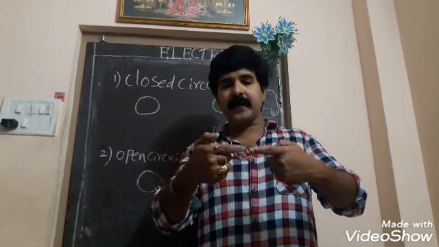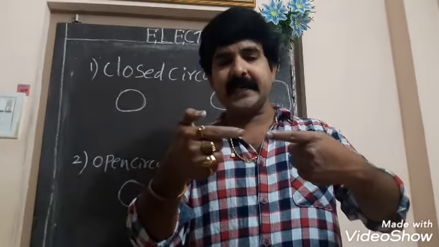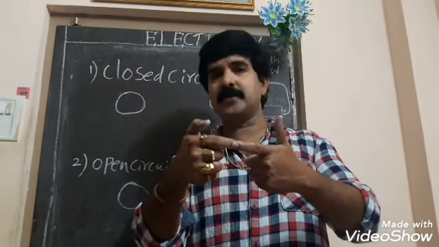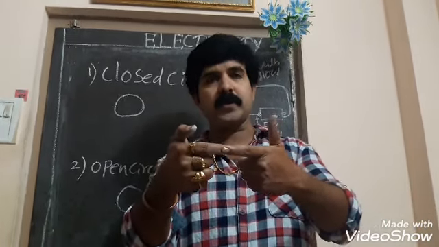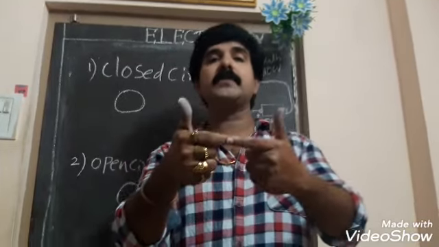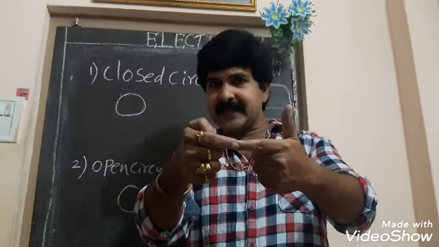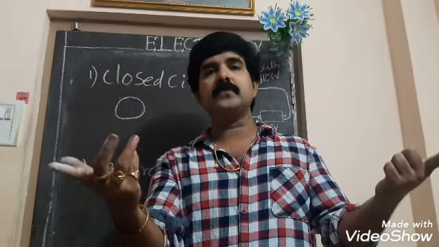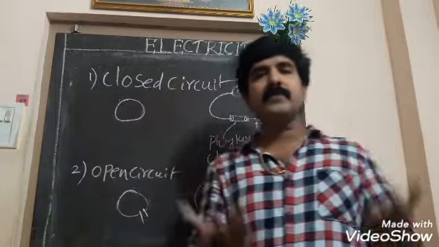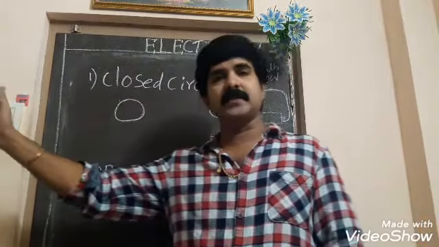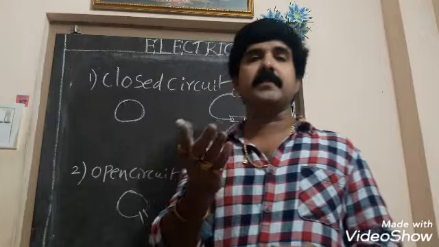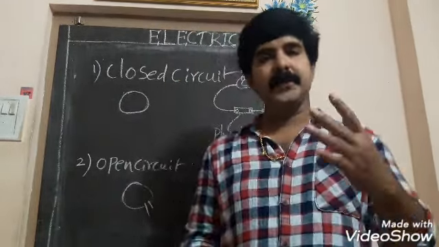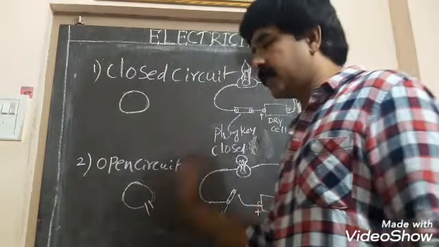When you push the switch front side, the contact overlaps and the circuit is completed, which means it became a closed circuit. That's why the torchlight will glow. When you push back the switch, the circuit will be opened and the torchlight will switch off. That's what we have been seeing in all our electrical switches, all the circuits we use in our daily life. This is the phenomenal difference between closed circuit and open circuit.